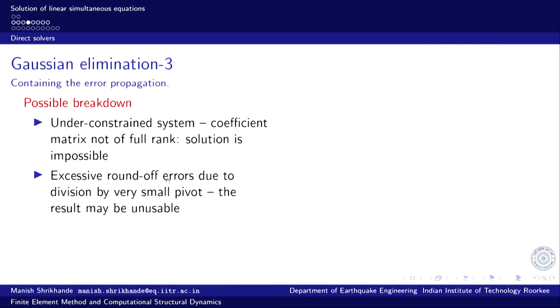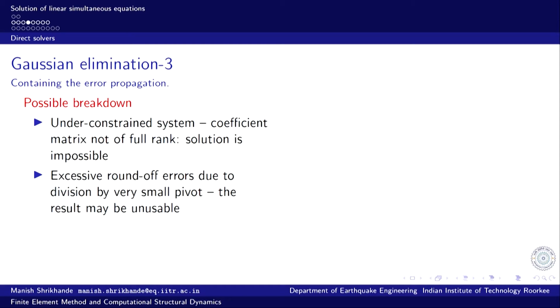So, what is the possible breakdown? Possible reasons could be an under-constrained system, where the coefficient matrix is not of full rank, then the solution is obviously impossible, but a near singular system can also have a problem. In the previous problem, with that pivot element of 0.001, the system is near singular, and that is what leads to excessive round-off errors due to division by a very small pivot.